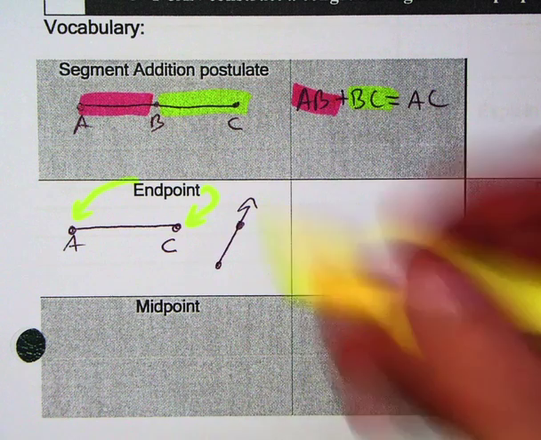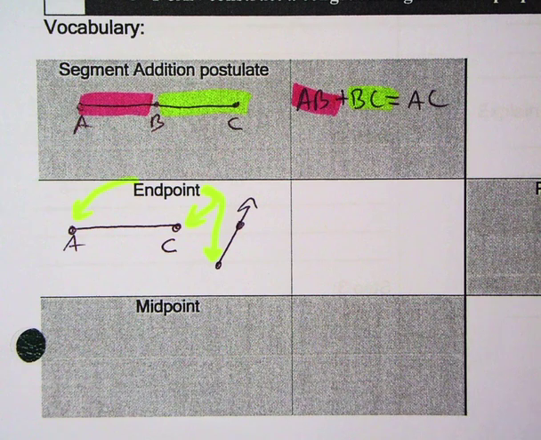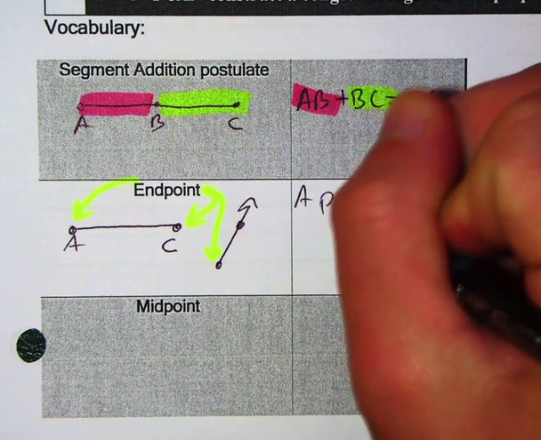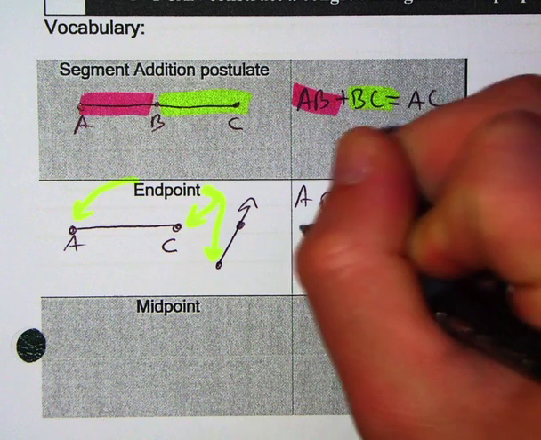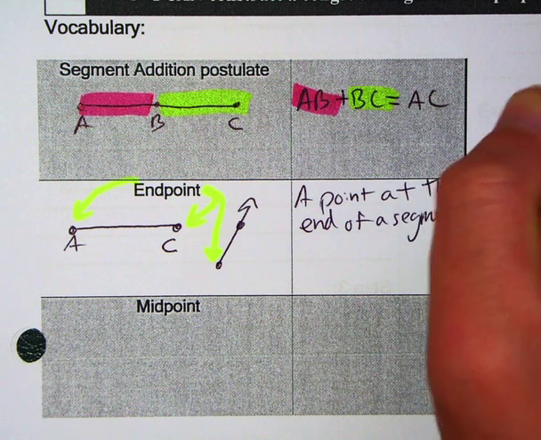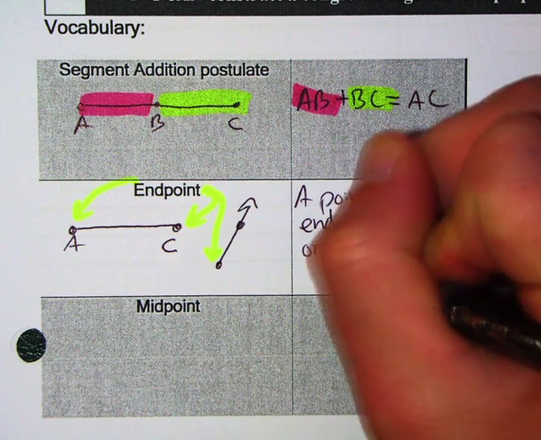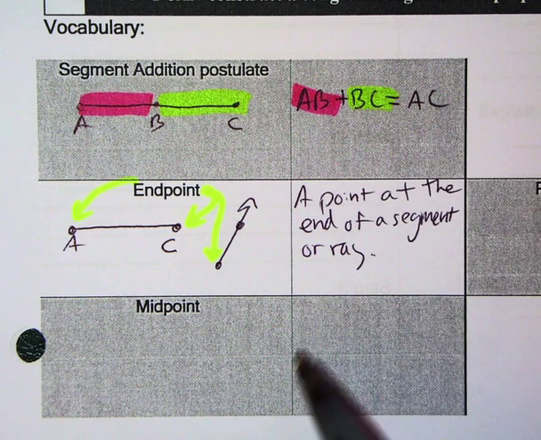And if I made a ray, you can see how this is an endpoint as well. They're points on the end. So a point at the end of a segment or ray.